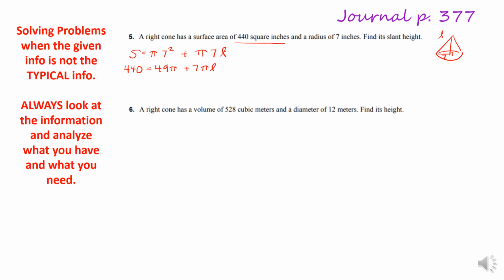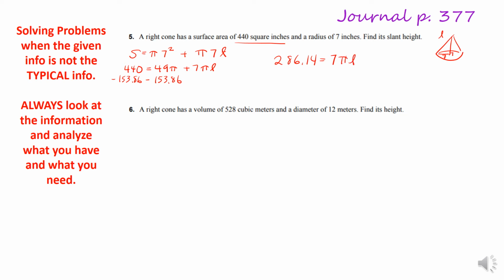So I'm going to convert this 49 pi to 153.86, and I'm going to subtract that from both sides. And I get 286.14 equals 7 pi L.